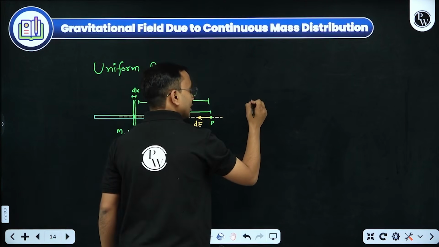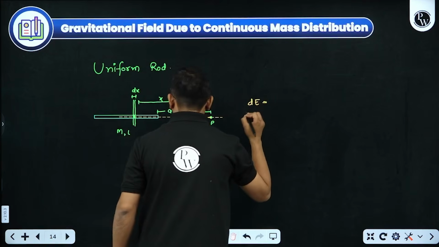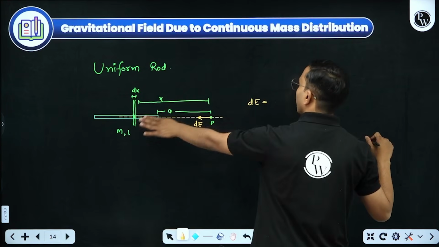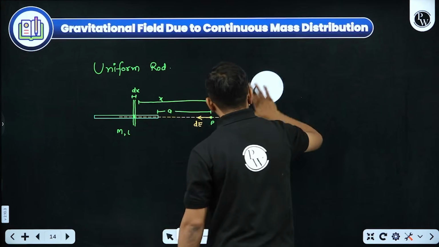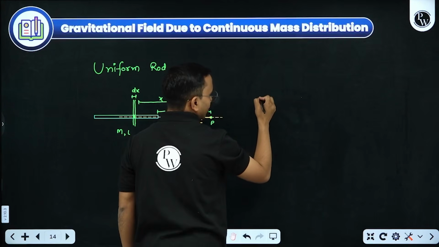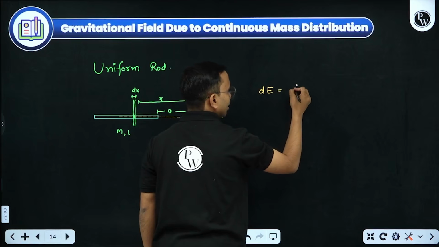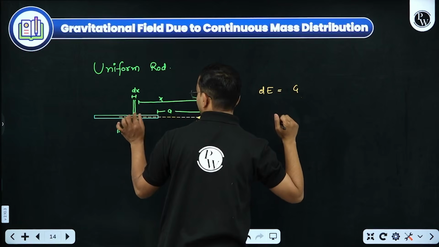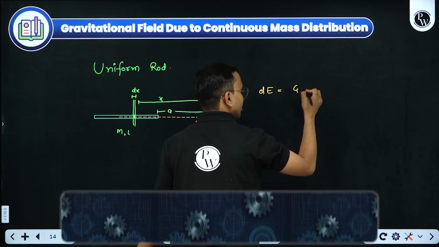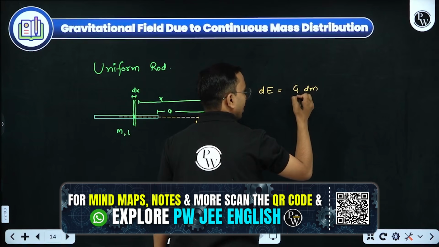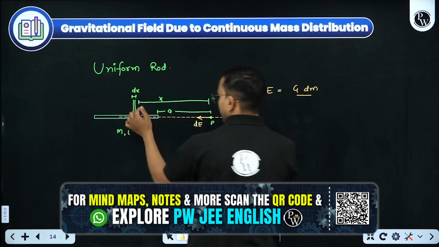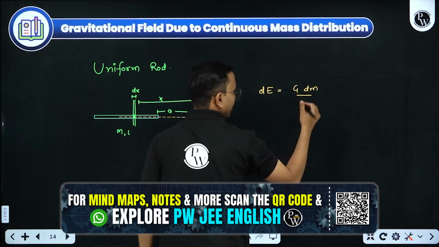This dx thickness is like a point mass there. So due to that point mass, dE is equal to G into the mass of this small section, let us take that as dm, divided by the distance squared. How much is that? x. So divided by x squared.